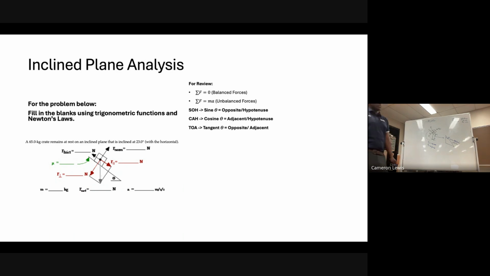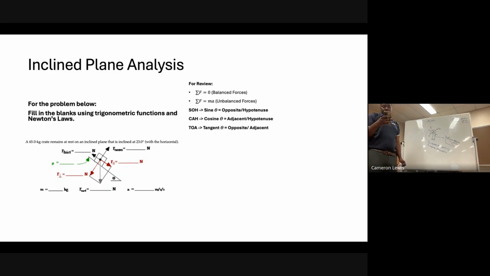All right, so we got 637 times the cosine of the angle, 23, and the sine of the angle. That'll help us find our perpendicular force and our parallel force.